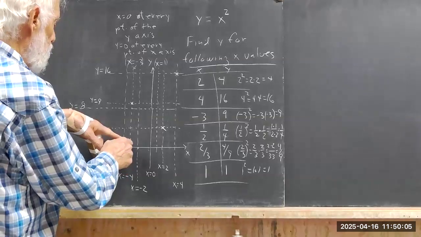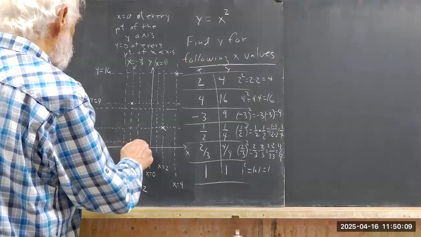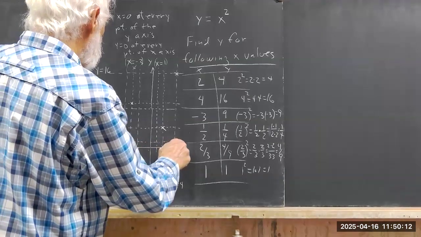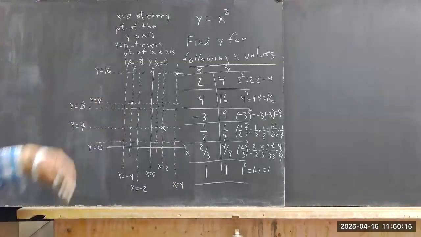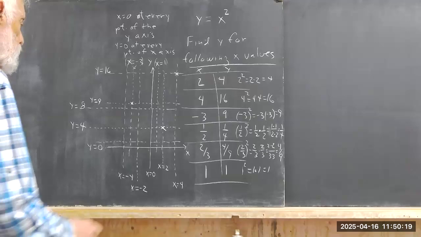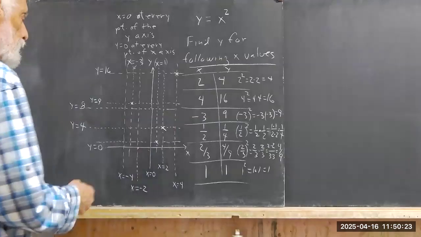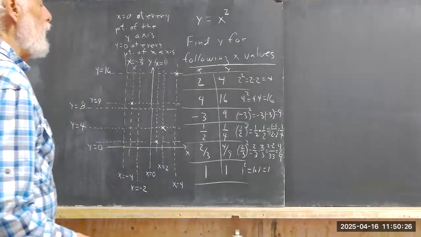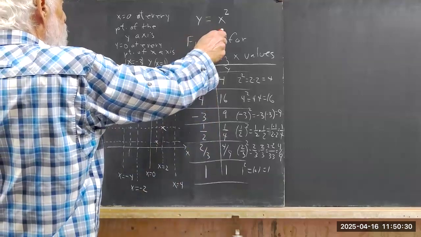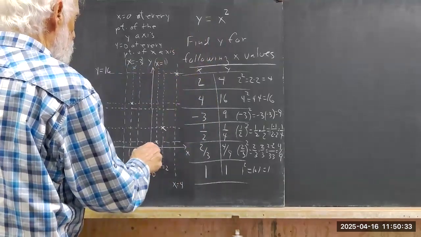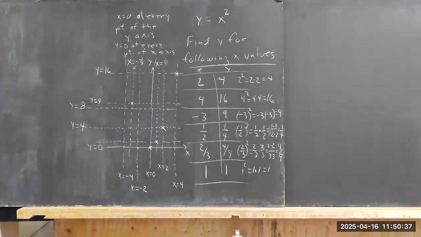Halfway between y equals 0 and y equals 2 would be y equals 1, which would be down about here. So 4 times this distance would be this distance. I think I have it just a little bit high. But it's okay. We'll put an X here, or some kind of a mark, a dot, an X. I will observe that when x equals 0, y equals 0, because 0 squared is 0. So I'm going to take the privilege of putting a point here.